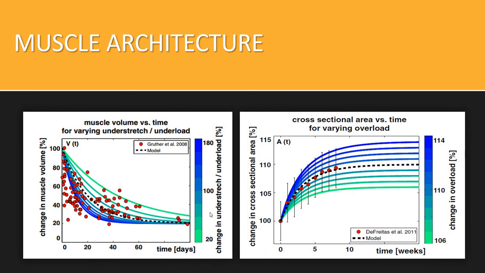Essentially, the study on the left by Gruther looked at the effect of underloading, reducing the amount of daily stimulus, on the volume of the muscle, and De Freitas, the study on the right, looked at the effect of overloading, so just performing weeks of resistance exercise on the cross-sectional area of the muscle.